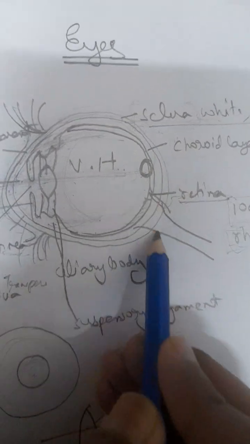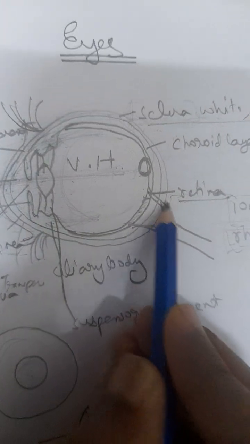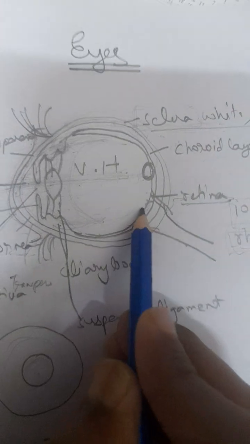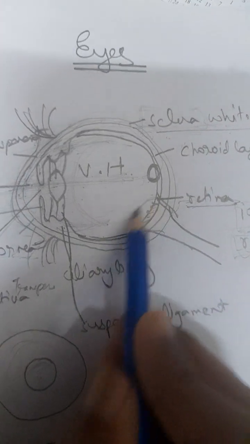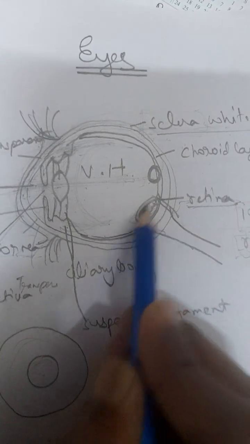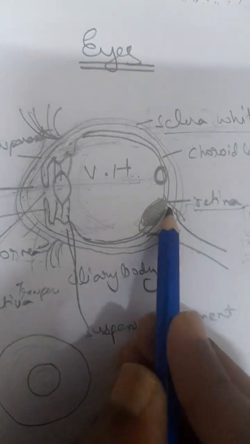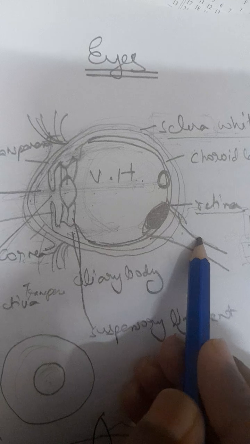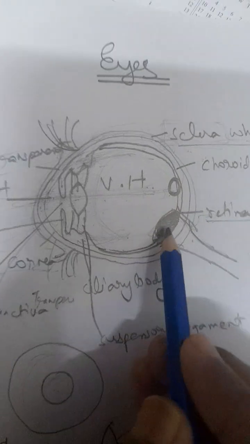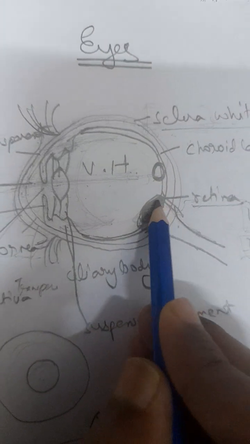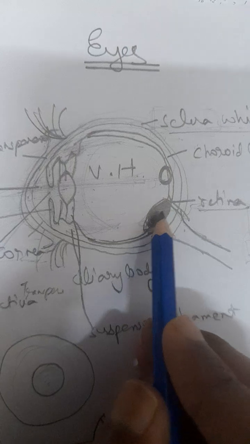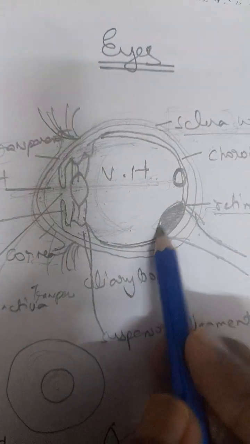So the point where this sensory nerve arises, there are no rod cells and cone cells. That is why this is the area of the blind spot. The point from where the sensory nerve arises is the blind spot. Here we do not have rod cells or cone cells. That is why we cannot see at this point.